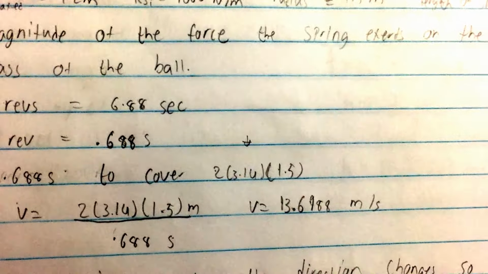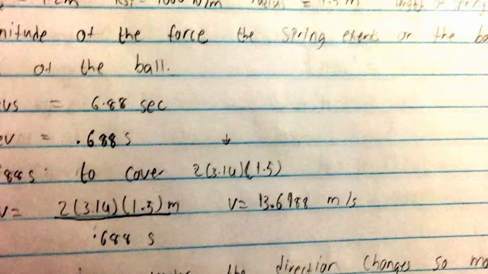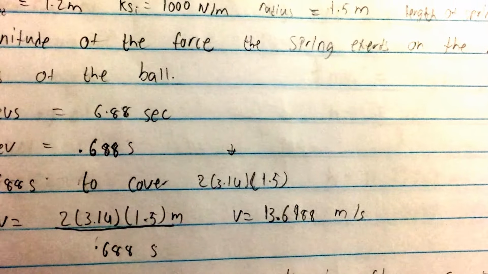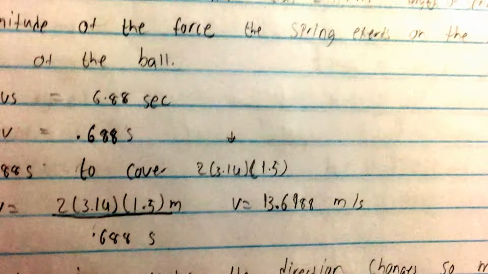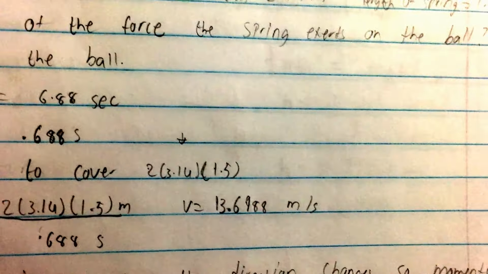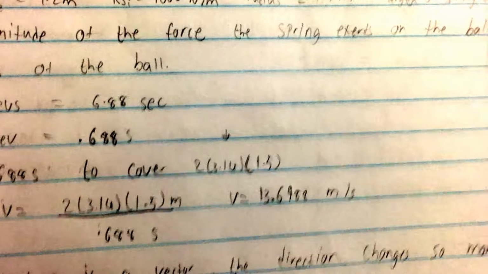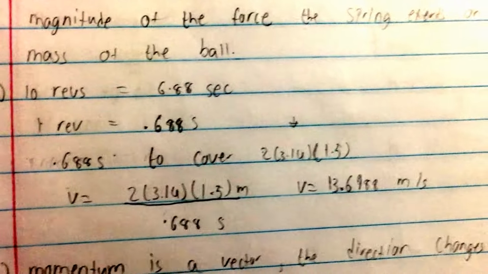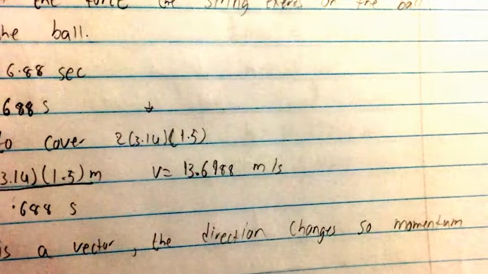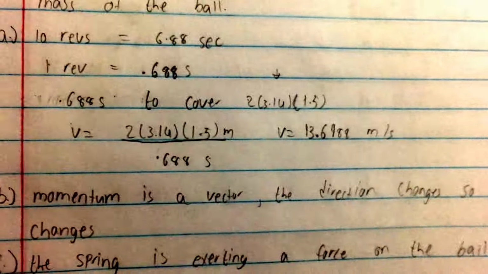To find the velocity, we take the distance, 2 pi r, and divide it by the time for one revolution, 0.688 seconds, and we get a velocity of 13.6988 meters per second. The units do check out here: the distance is in meters, the time interval is in seconds, so the velocity is in meters per second.